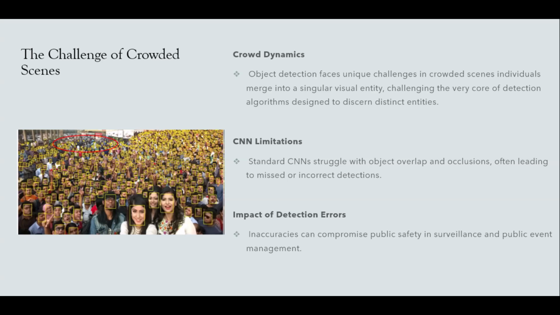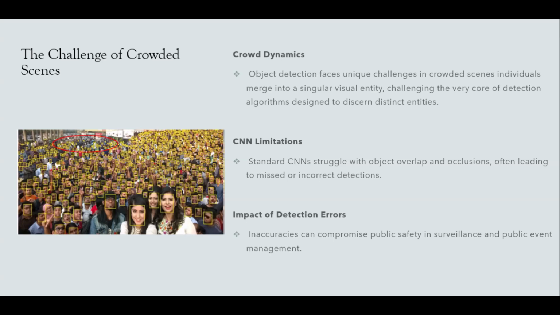Over the years, many people have used convolutional neural networks as object detection in computer vision, through deep learning. But the issue with the convolutional network, and why we didn't go for it, is that it leads to missed or incorrect detections. Why are missed detections an issue?